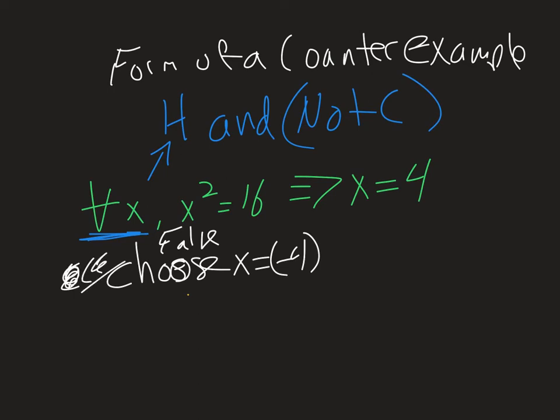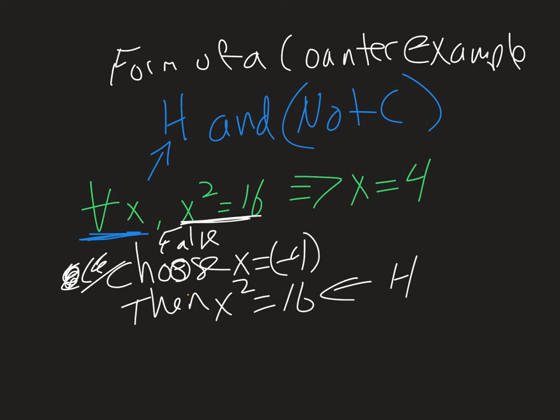I'm just kind of writing it out here. We say it's false. We have a counterexample. We're going to choose x to be equal to negative 4. Then x squared does indeed equal 16. Now that's my hypothesis. I've satisfied it. I picked an x value. It is 16 when it's squared. But x does not equal 4.